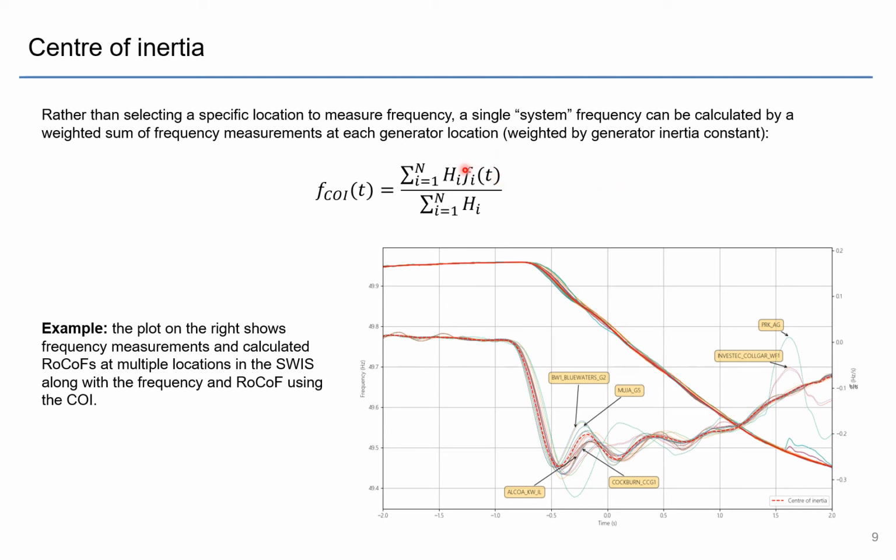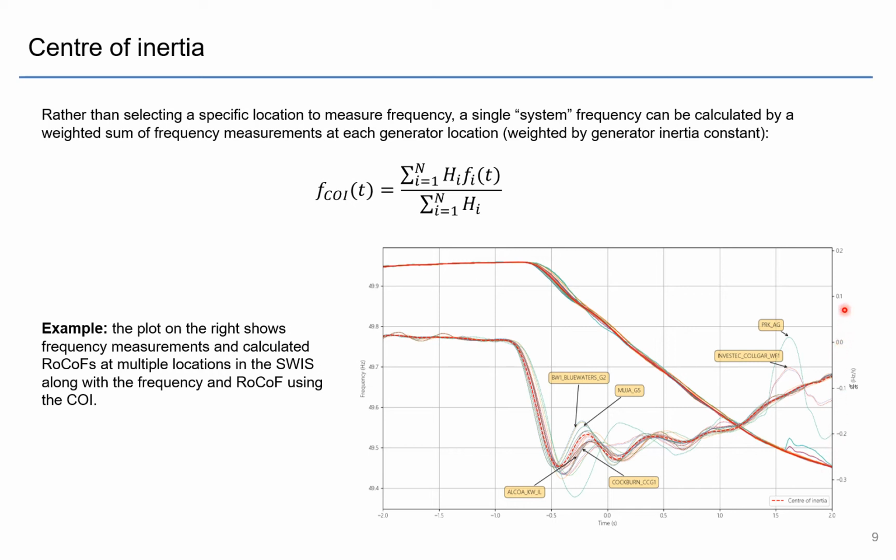Here is an example of the center of inertia frequency in the Swiss grid. You can see all the frequencies here, and then the center of inertia is somewhere in the middle there, like an averaged out frequency trace.